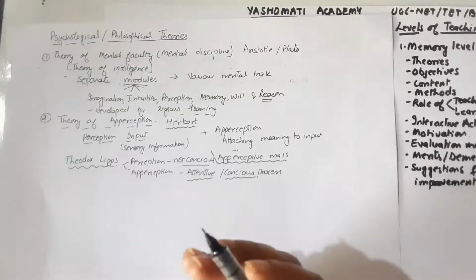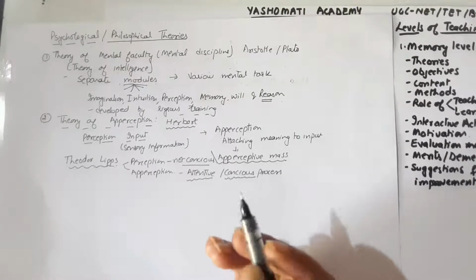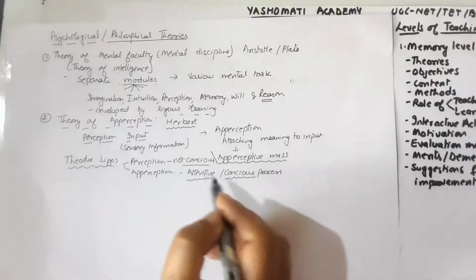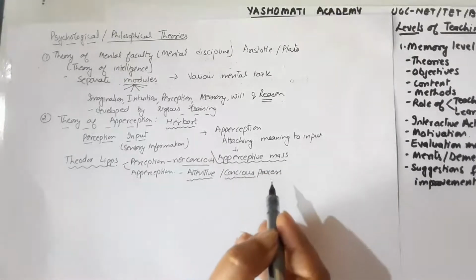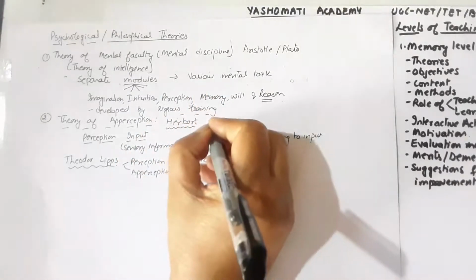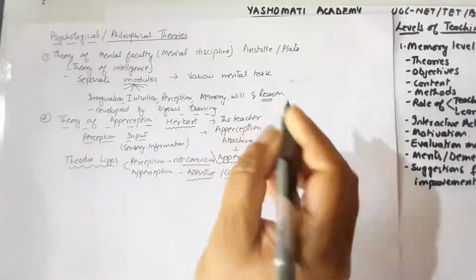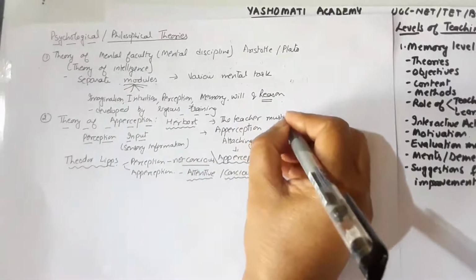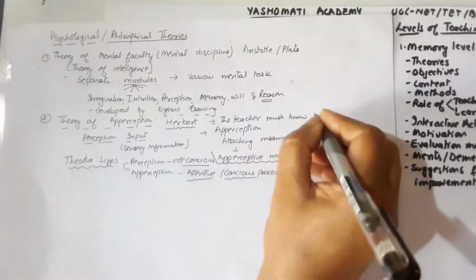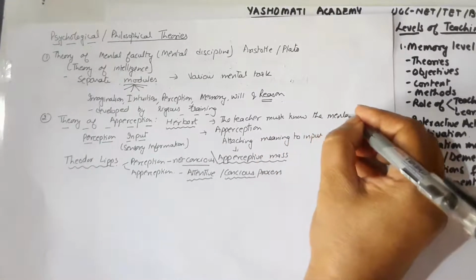And he has also laid stress on this because this process is dependent upon the mental ability of the pupil. So according to Herbart, the teacher must know the mental development of the pupil.